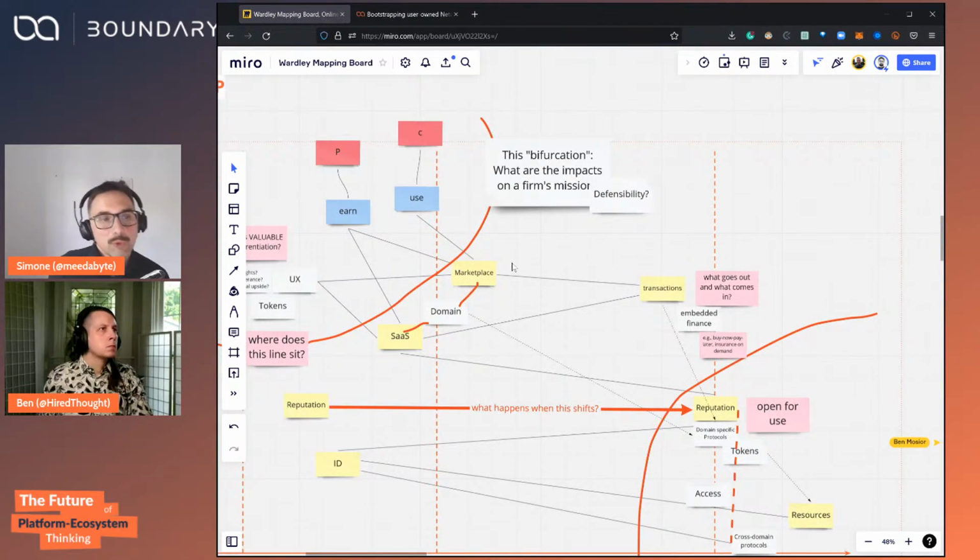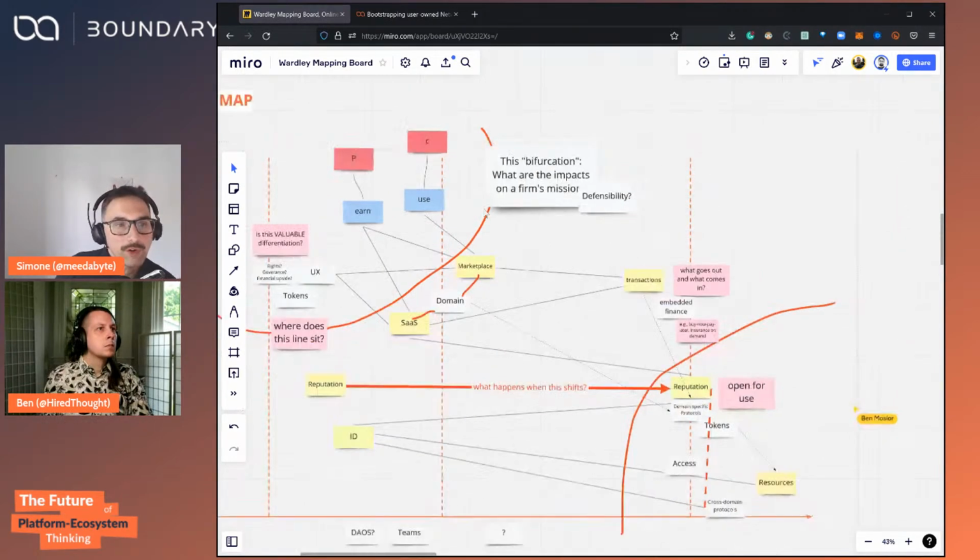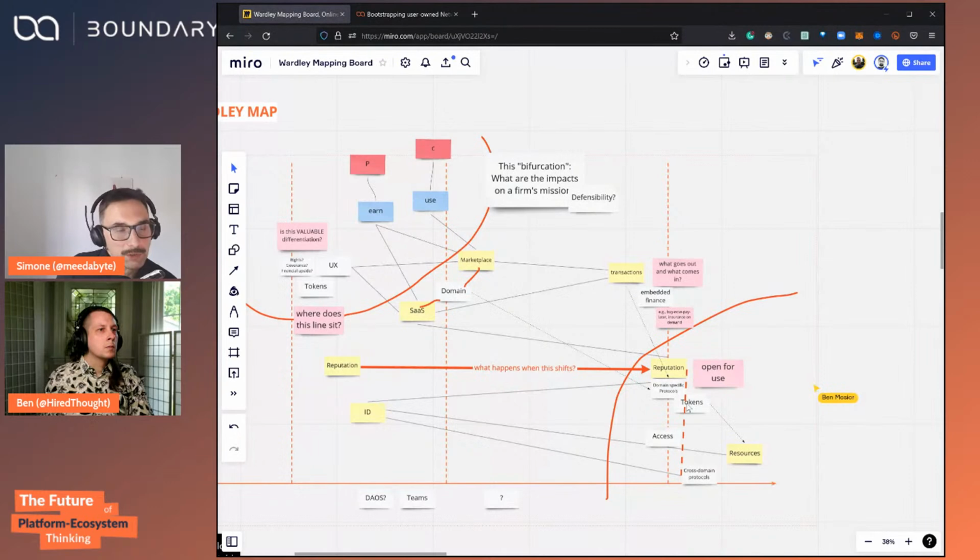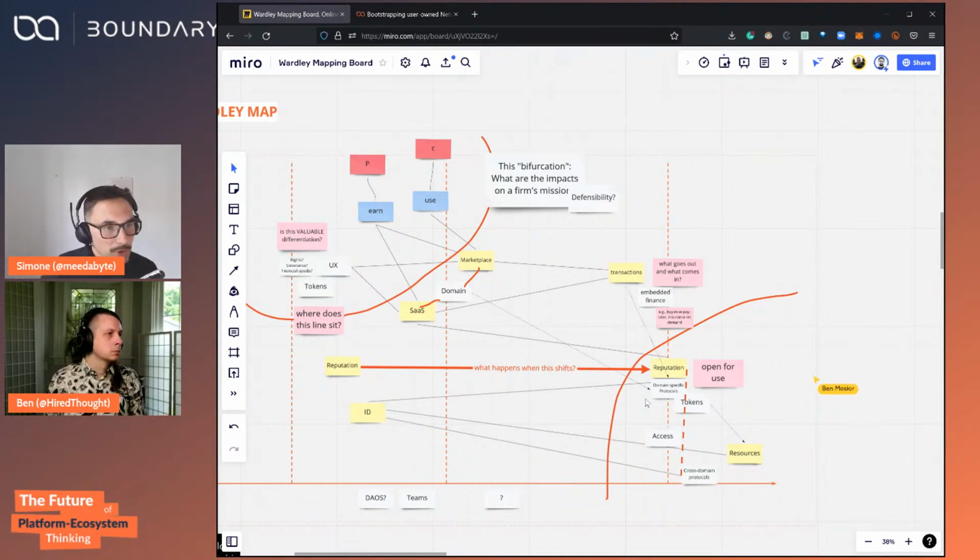So what is the future of the firm according to this picture, in terms of mission, in terms of shape, in terms of the need to cross boundaries? For example, imagine you have a company creating products that touch different ontological domains, and so you need to be able to participate in different DAOs, maybe because you want to influence how certain protocols evolve to support some of your products.